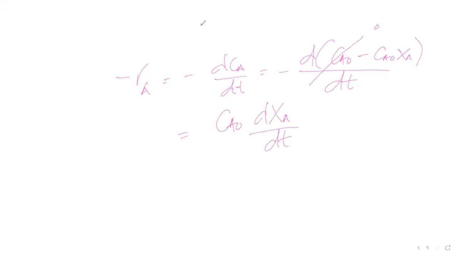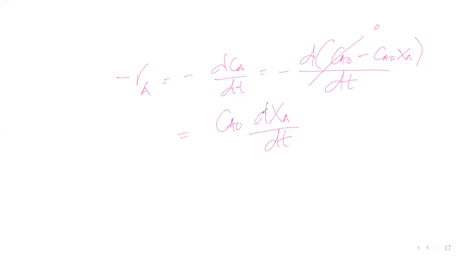So that is why you see in the PowerPoint presentation that we have replaced the original negative dCA/dt with CAO dXA/dt. This one you should be able to use when you do your derivation later on. That way you can come up with a working equation that is appropriate for the data provided. What do I mean by appropriate for the data provided? Class, you cannot stick to this original derivative of the change in concentration versus time if the problem gives you conversion.